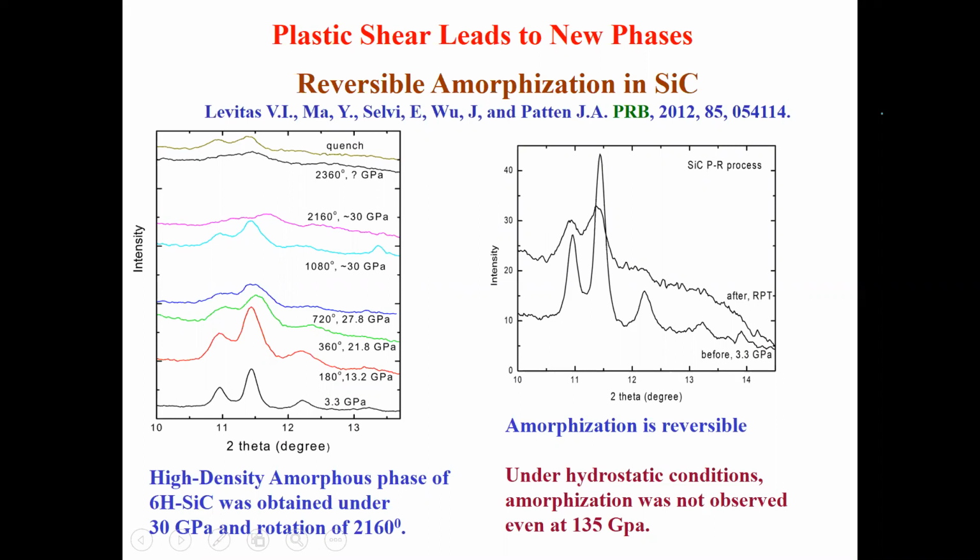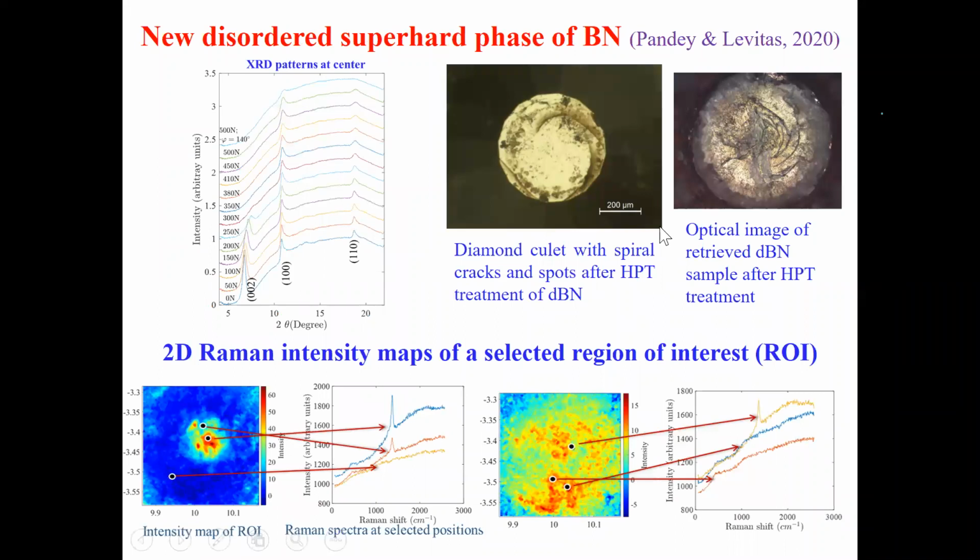Very recently, we found a new disordered superhard phase of boron nitride. We detected it using X-ray and Raman scattering, and you see it cracks diamond, and even cubic boron nitride does not crack diamond.